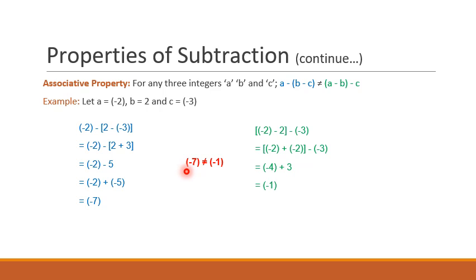So you can see the right hand side and left hand side are not equal. So we can say the associative property of subtraction does not hold true in case of integers. So these all are the properties of subtraction.